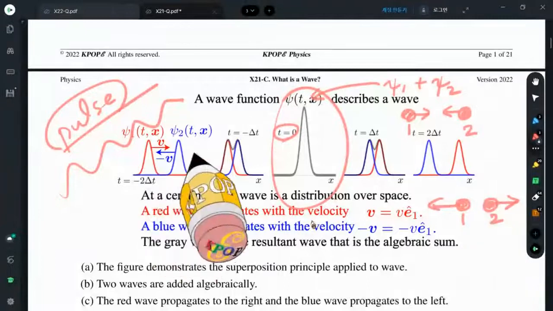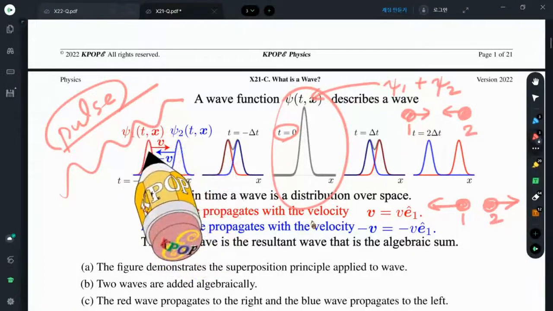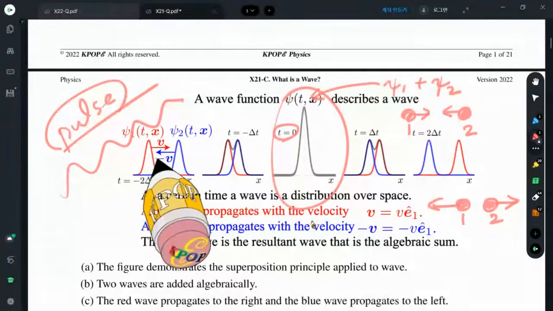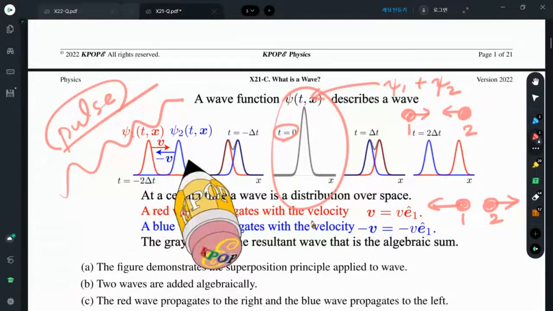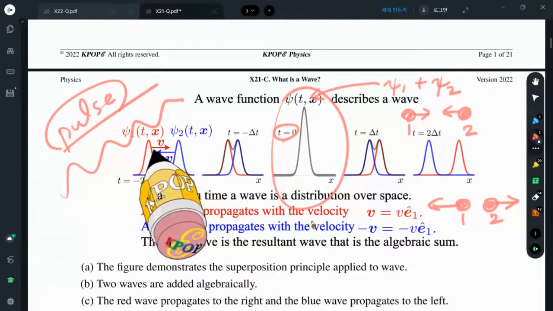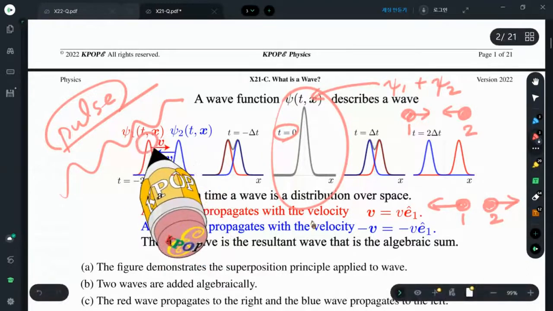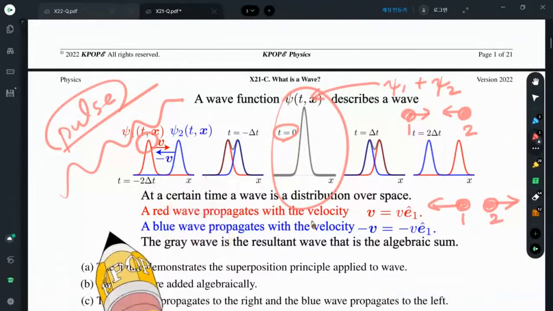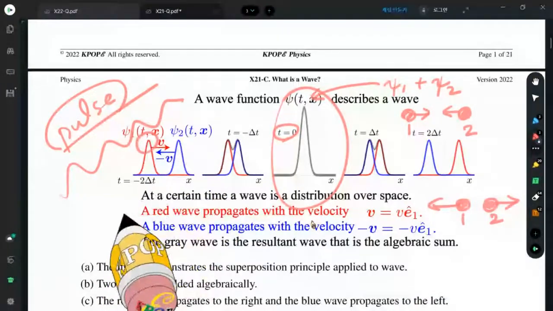However, with two waves, each wave is transparent to the other. That means the propagation of the red wave is not interfered with by the blue wave, and vice versa.